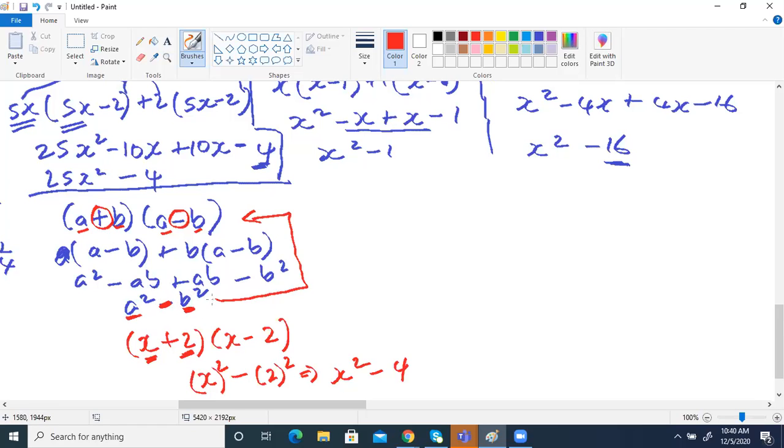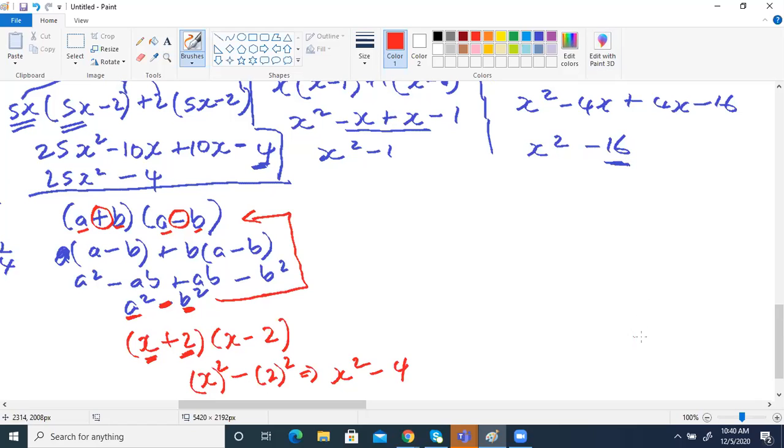And when you reverse engineer it, if you're asked to factorize it, you go from this direction, upstairs where you expand it out, to a plus b in bracket, then a minus b. All right, let's move right along.